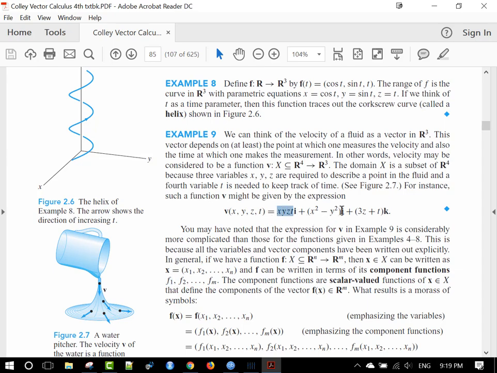And f2 is the second one, and that's here. So we have these f1, f2, fm. If the codomain is Rm, then we're going to have m components, and so here we denote them like that. The component functions are scalar valued, and they're scalar valued functions of x, the bold x.